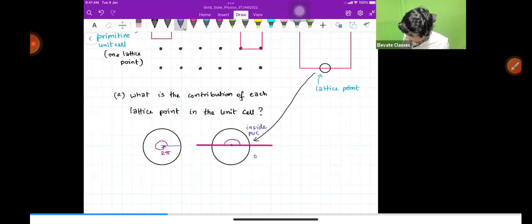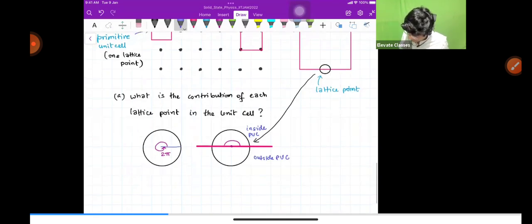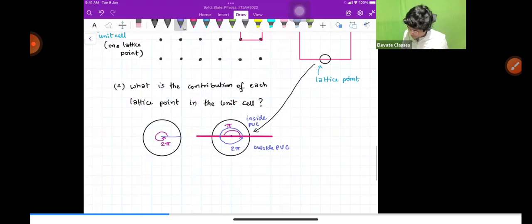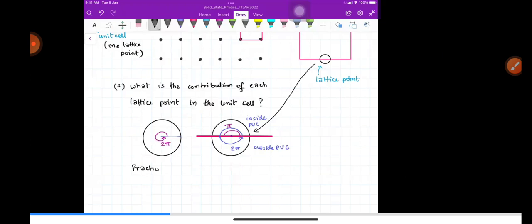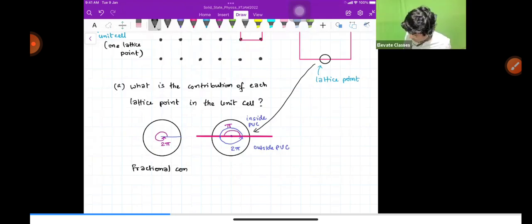This is outside PUC. So what is the angle here? This is pi. Now the total angle is 2 pi, right? And inside this is pi. So what is the fractional contribution of each lattice point? Half. Half. So fractional contribution of each lattice point.